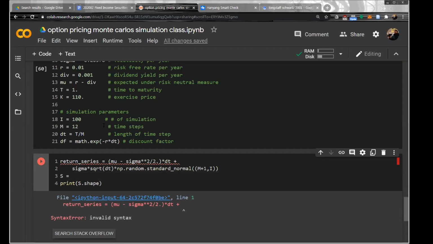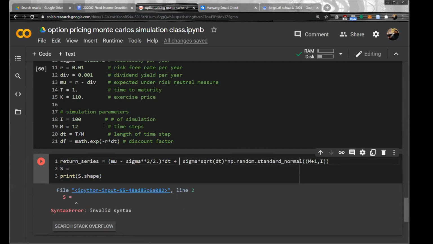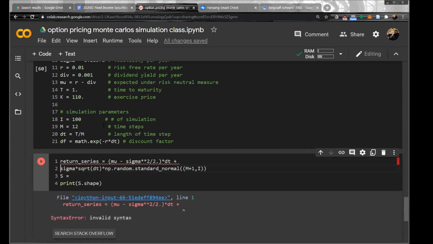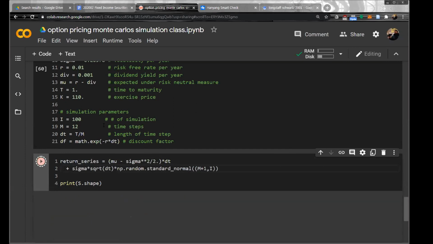Sometimes it works, sometimes it doesn't. Let me just use one line. Oops, this is an error.